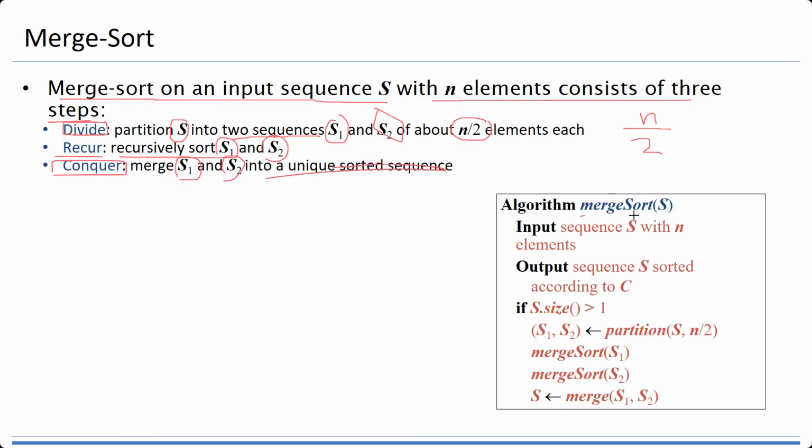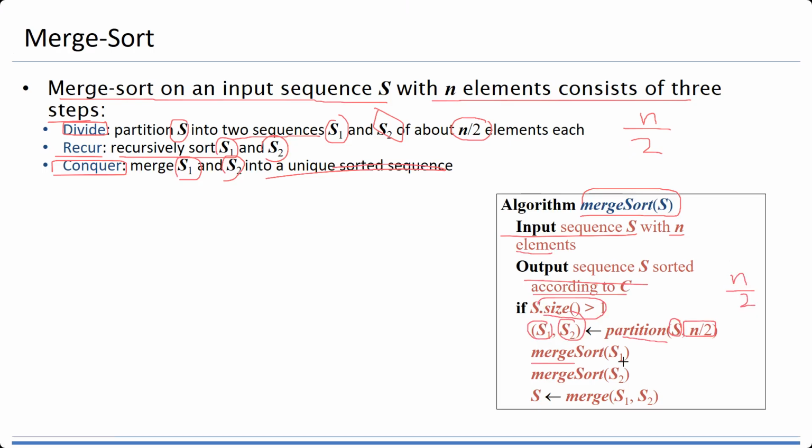So the merge sort algorithm will be something like this. First, the input is a sequence S with n elements, and the output will be the sequence S sorted according to the comparator C. If the size is higher than 1, then let's split S into two, S1 and S2, by partitioning S, dividing by 2, so n divided by 2.